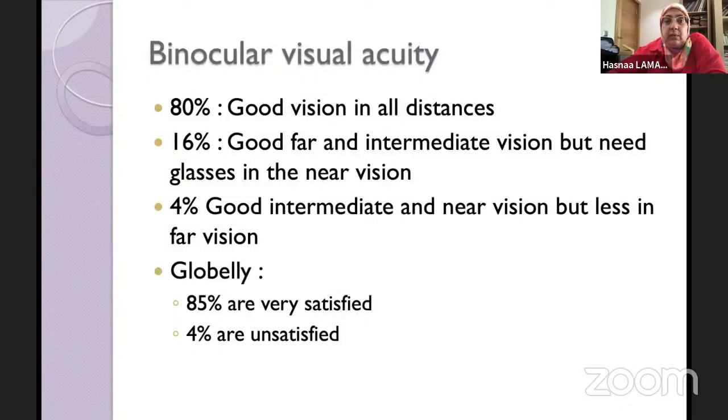Binocular visual acuity was good at all distances in 80% of the patients. In 16 percent, they have good far and intermediate vision but need glasses for near vision. One patient was very unsatisfied.